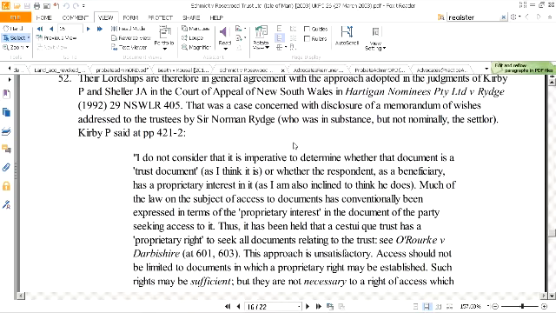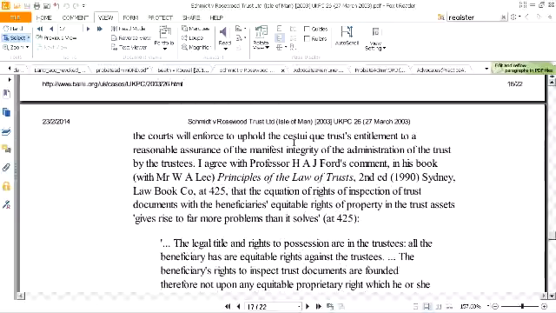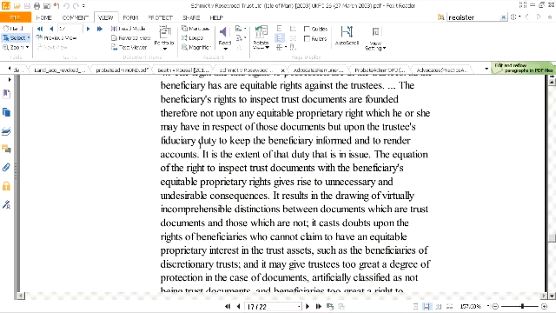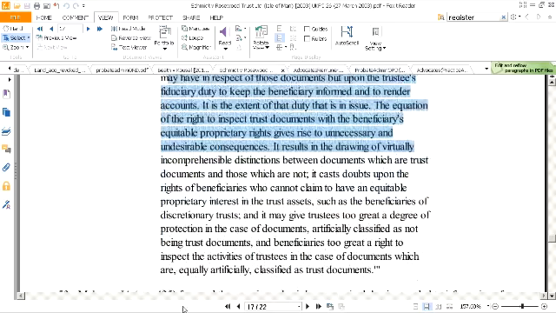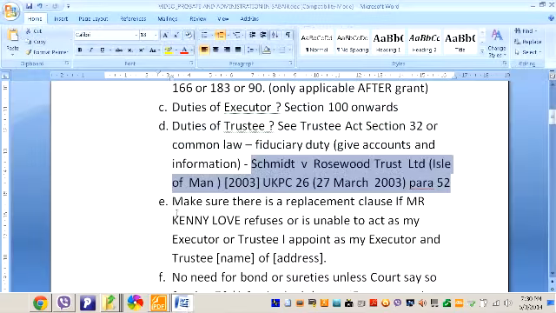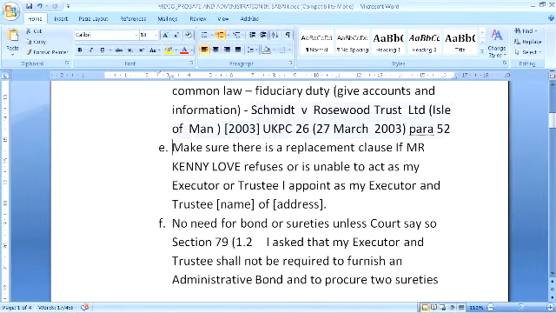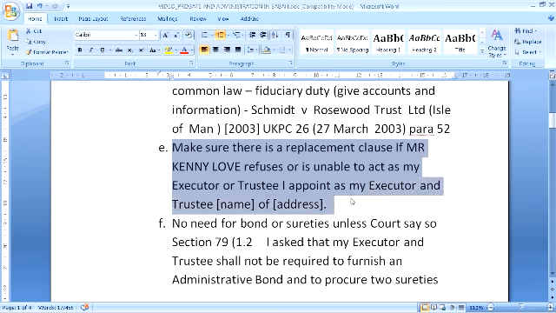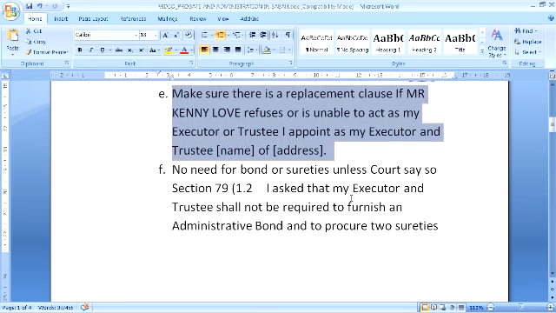If you look at their lordships' decision here, it follows the Australian case Hartigan Nominees, and it says that it is the extent of that duty that is in issue. So you have to provide information. Obviously, if you're not working or you have not been appointed as a trustee, then you don't have to.